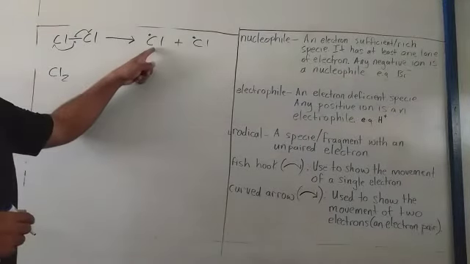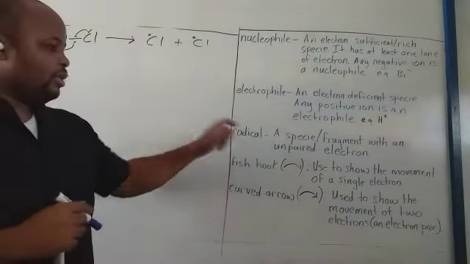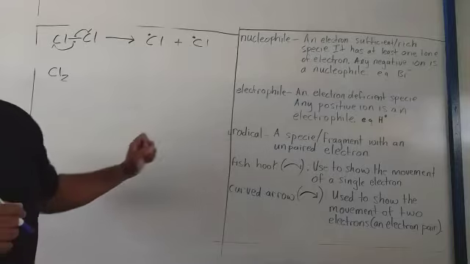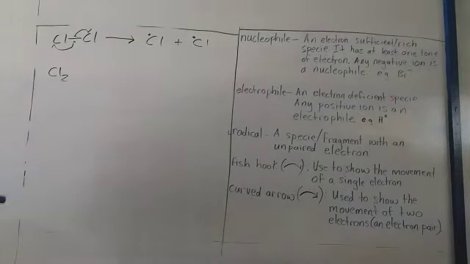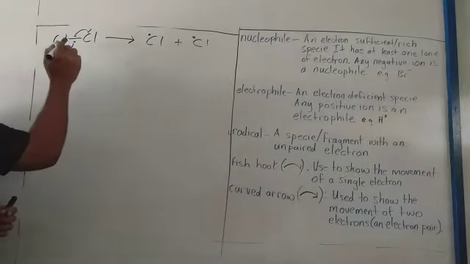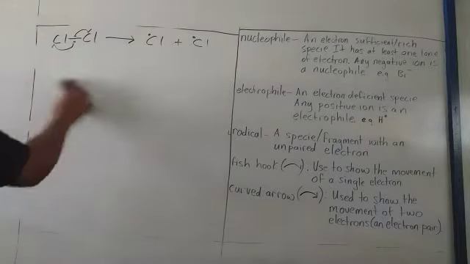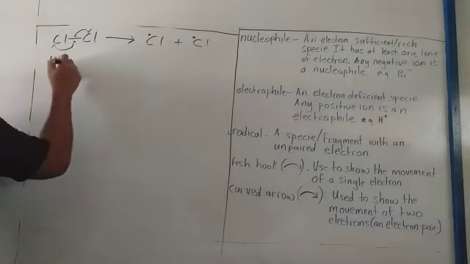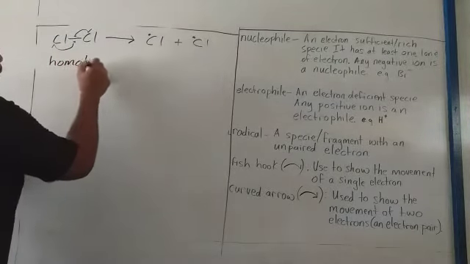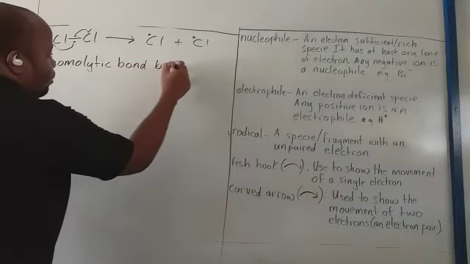An atom with an unpaired electron. And what do we call that? A radical. So here we have 2 chlorine radicals. So this is homolytic bond breaking. When a bond breaks homolytically, you will get a radical. So in this example, it is showing homolytic bond breaking.